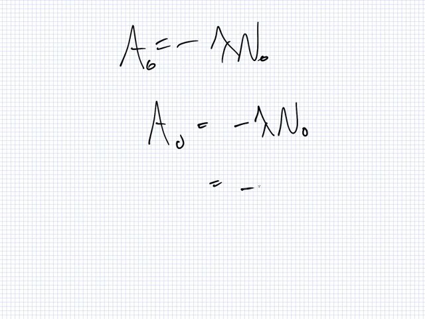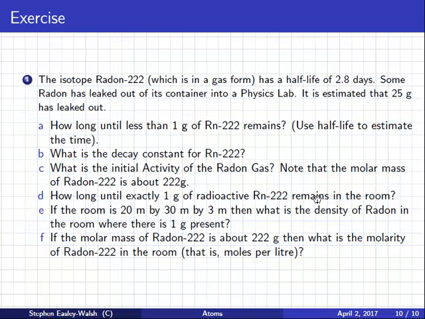And lambda is log 2 over T, and that is the half-life. Right. 2.8 times 24 times 3600. Now, do we know N0? We'll have to work it out.